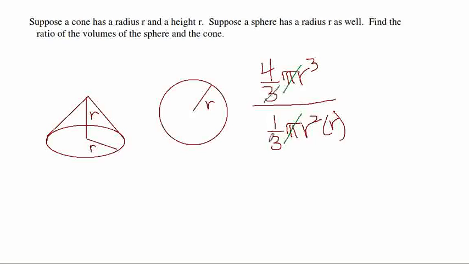The pi's go away, the denominators go away, even the r's go away. So for this special situation, the ratio of the volumes is 4. The sphere will have 4 times the volume of the cone.